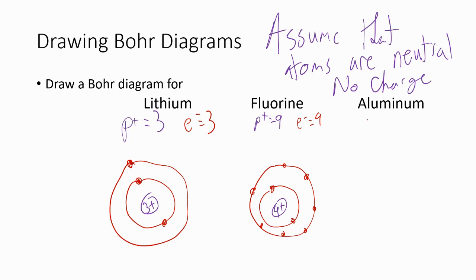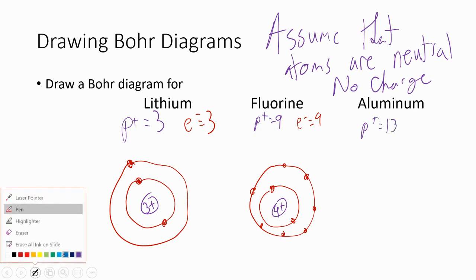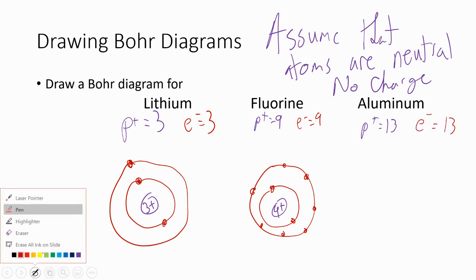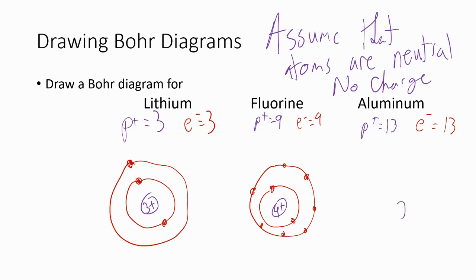And then aluminum. Aluminum has 13 protons on the periodic table, and we're going to go with a neutral atom, so 13 electrons. We're going to put all our protons in the center again, so all 13 protons go in there.